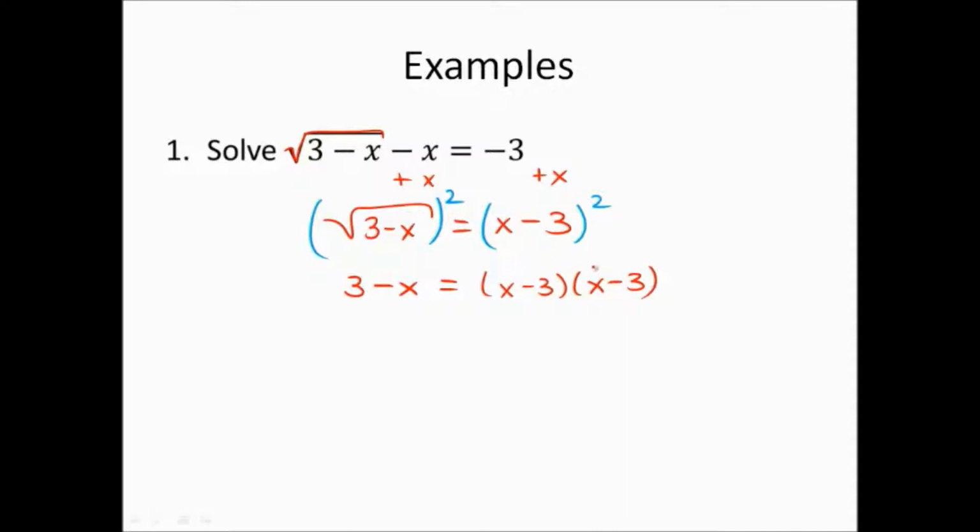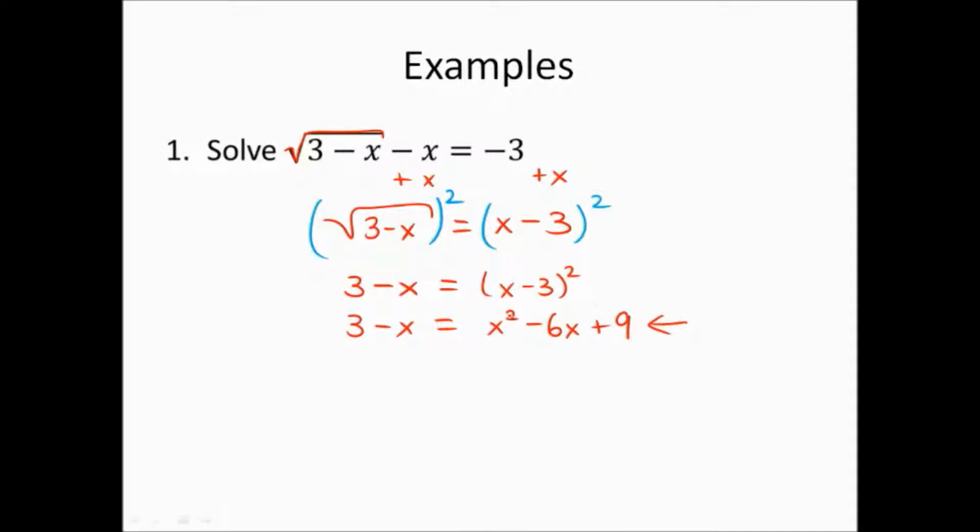Now you could distribute this or you could remember the formula for squaring a binomial. So here we have 3 minus x equals, if you square this, you should get x squared minus 6x plus 9. Now we have an equation that has a square in it, which we have dealt with before.